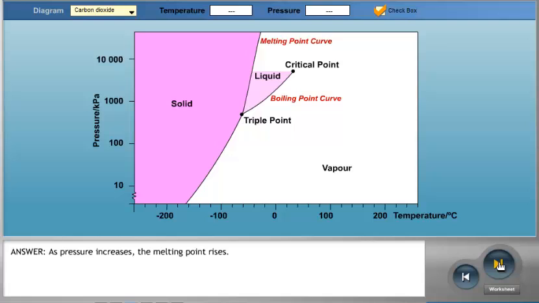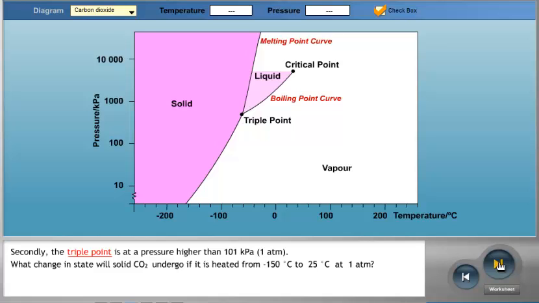Answer: as pressure increases, the melting point rises. What can you deduce about the volume of carbon dioxide in the solid and liquid states from this? Answer: the volume of carbon dioxide is higher in the liquid state than in the solid state.